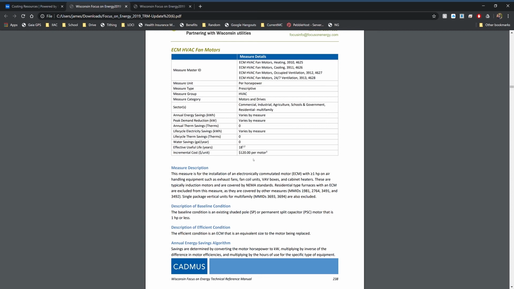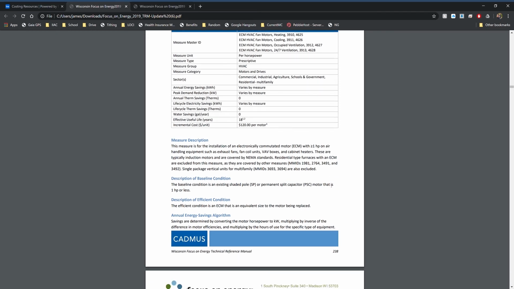Obviously that will vary widely based on your manufacturer and your quality and whatnot, but that's just a good benchmarking for parts only. Again, you need to think about your own auxiliary equipment, freight, all that kind of stuff. So it's a good starting spot, but please don't put too much weight on this number.